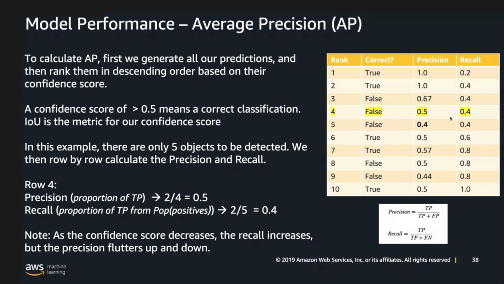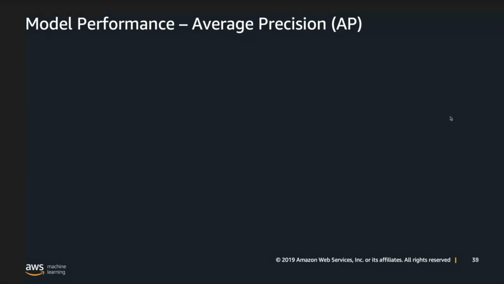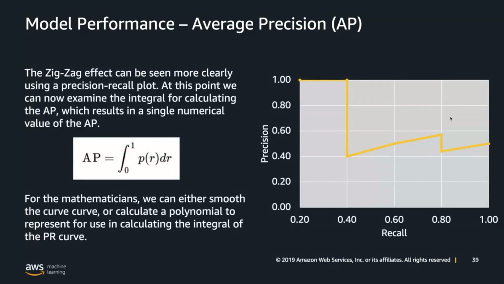If we plot the precision recall curve, we end up with this staggered effect. As the recall goes up, we see this jumping, fluttering effect within the precision score. Now, for the mathematicians out there, we can build a smooth polynomial to calculate the integral underneath this curve.